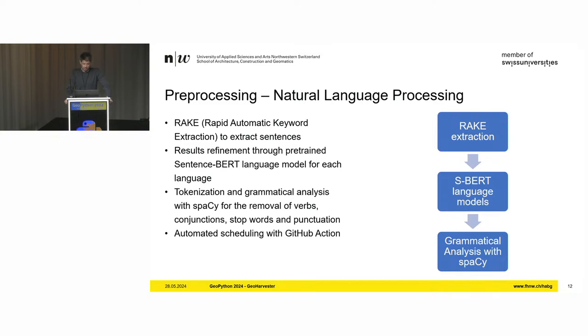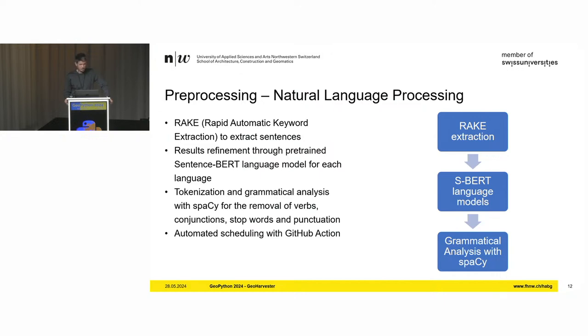So we extract the information from this text using a pre-processing pipeline with natural language processing. In the first step, we use Rapid Automatic Keyword Extraction to extract the most important sentences of the text.